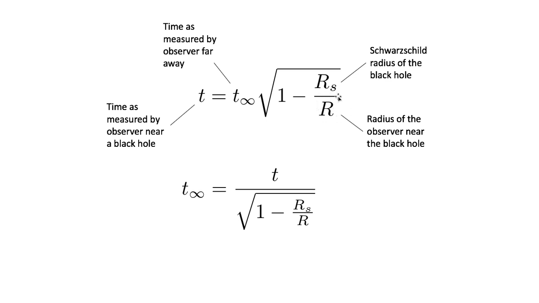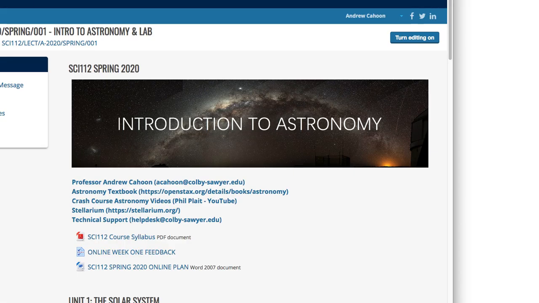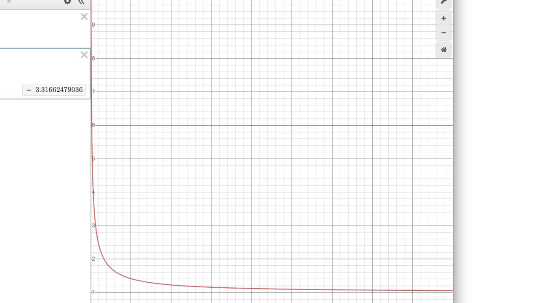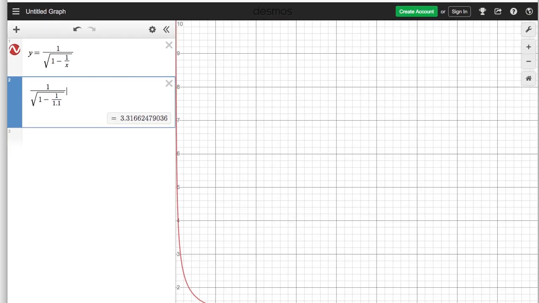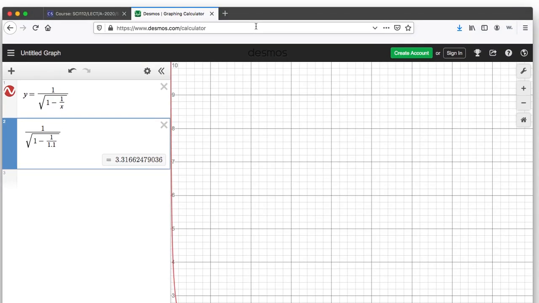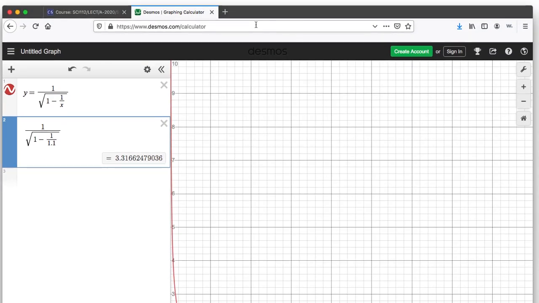And then we can think about, well, what happens as you get further away or closer to the Schwarzschild radius? I plotted this out in a tool that I like to use called Desmos. Let me bring it down here. This is the Desmos graphing calculator. It's a free tool.